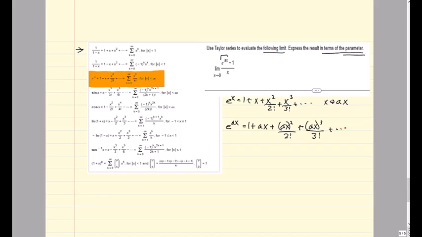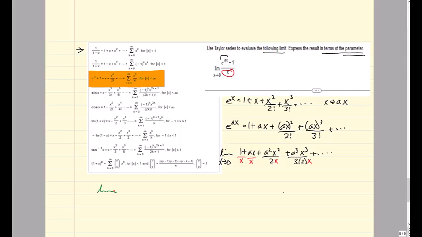Now as we rewrite this, I have the limit as x approaches 0 of e to the ax, which was the 1 plus ax plus, I'm going to rewrite this as a squared x squared over 2 factorial, which is just 2, plus a cubed x cubed over 3 factorial, which is just 3 times 2. Now all of these are over x in this denominator from up here, so I'm going to pop an x in each one of these. Now let's simplify.